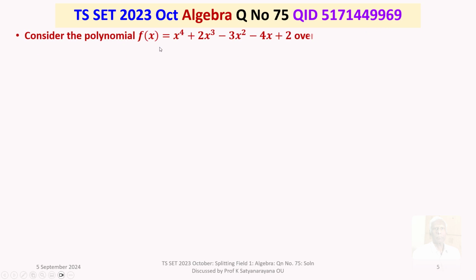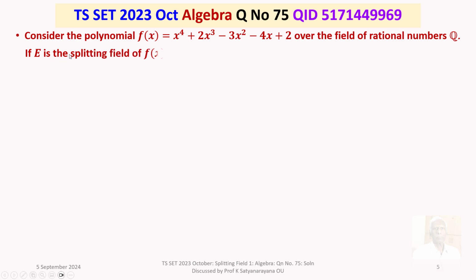Yes, we are ready. We discuss the question number 75 with this question ID. The given question is, consider the polynomial f of x is equal to x to the power of 4 plus 2x cubed minus 3x squared minus 4x plus 2 over the field of rational numbers Q. So we are given a fourth degree polynomial over the field of rational numbers.